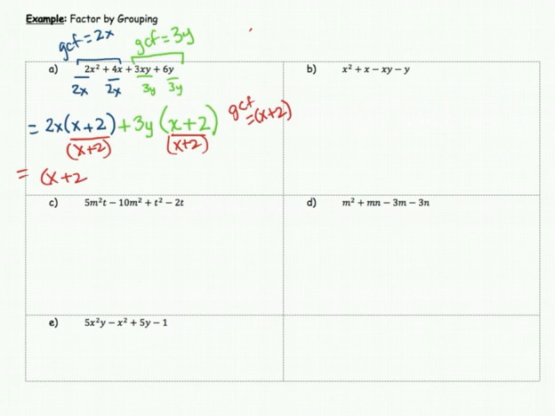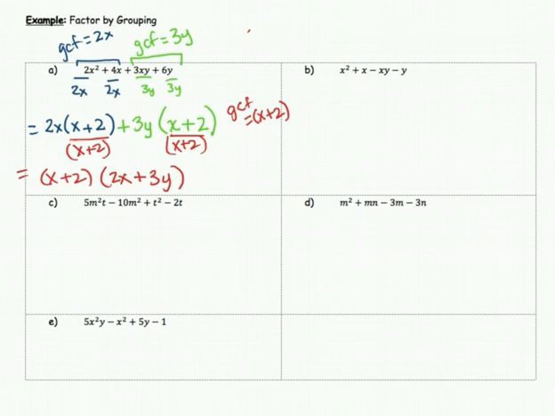Write the greatest common factor, and then what's left if I cancel these two out? Just the 2x in its own bracket. These two will cancel out, that leaves the 3y. And now you're finally factored. Okay, carry on and do the same thing with the other ones.